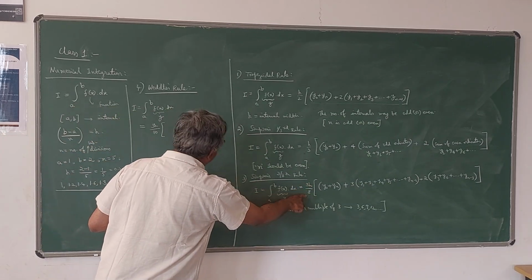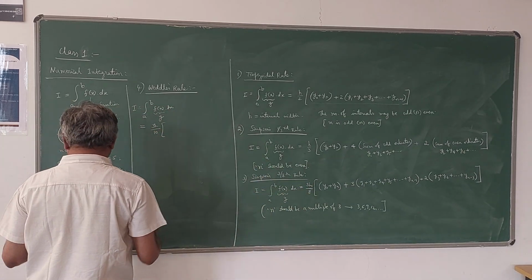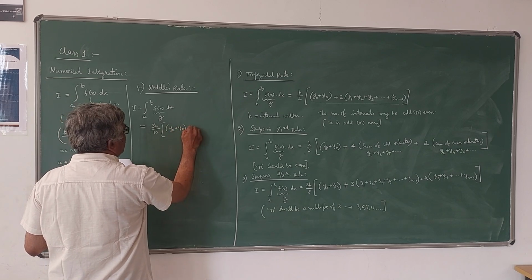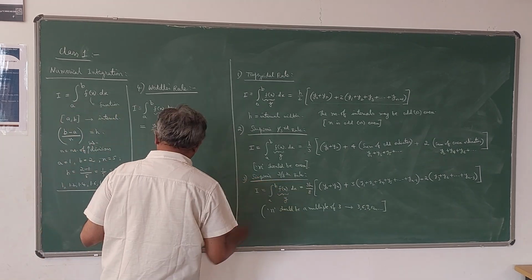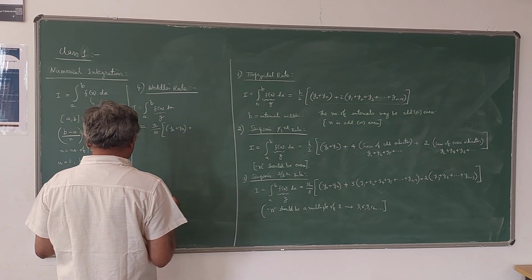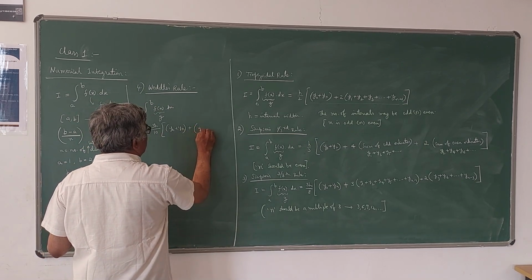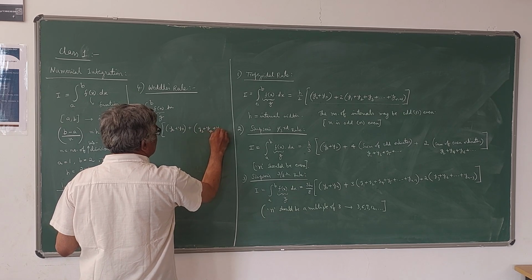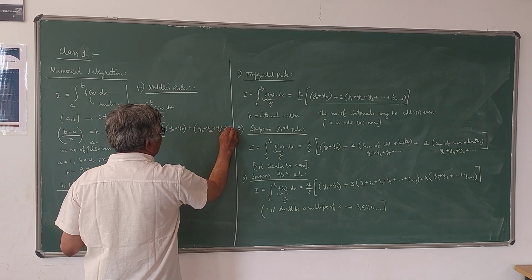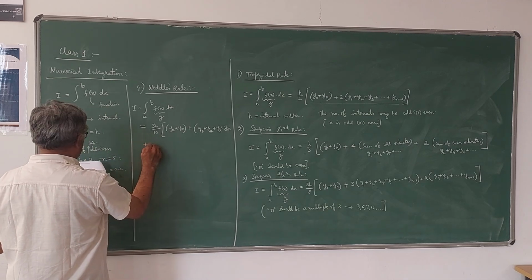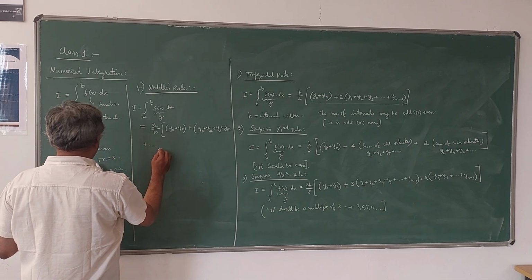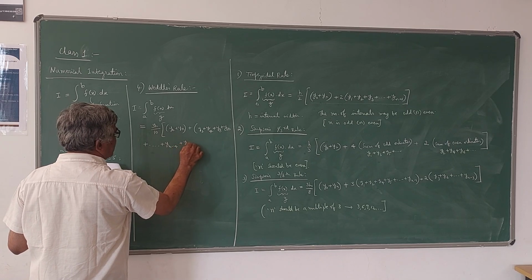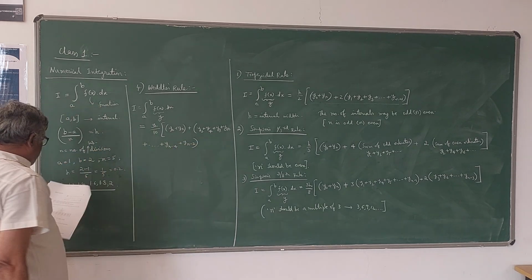Here it is 3h by 8, and it is 3h by 10 into y0 plus y1 plus, so the first two terms are the same, plus y2 plus y4 plus y8 plus y10 etc. up to yn minus 4 plus yn minus 2.